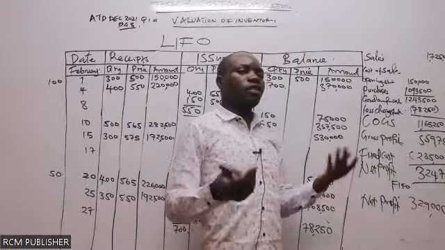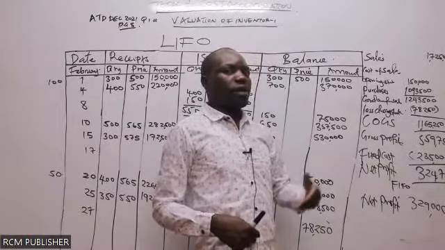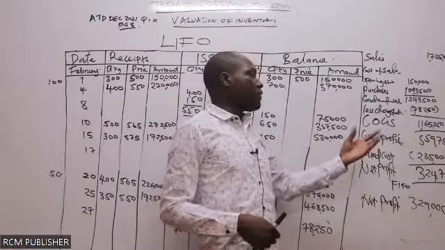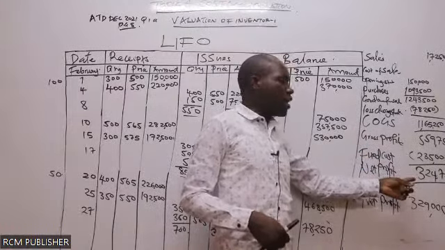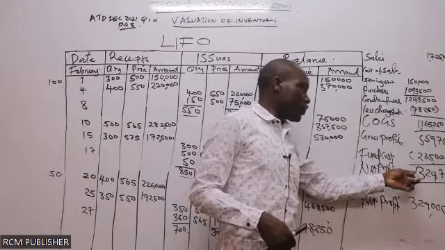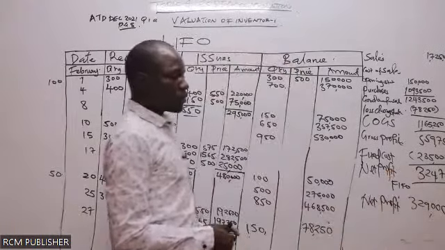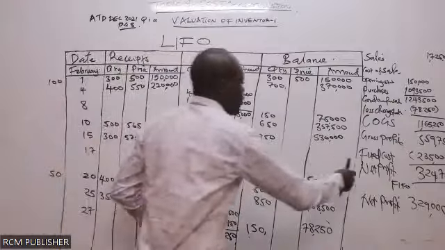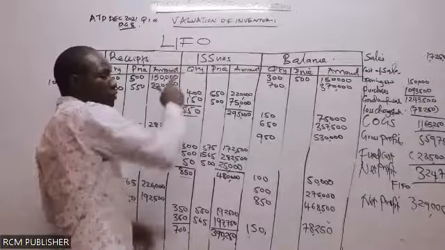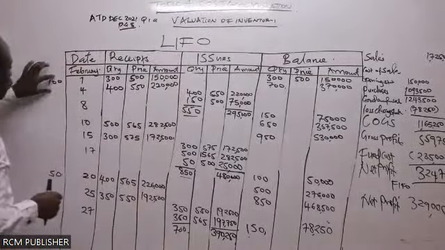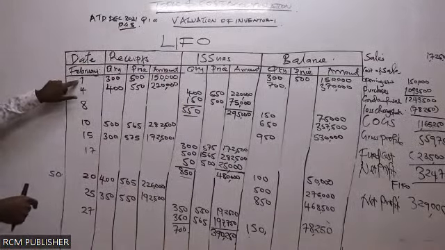In the process of reducing taxes, what are other effects of understating your stock value? In short, what are the effects of applying LIFO? Because when you apply LIFO, you'll be able to see if this good was brought in here, it is the opening stock.